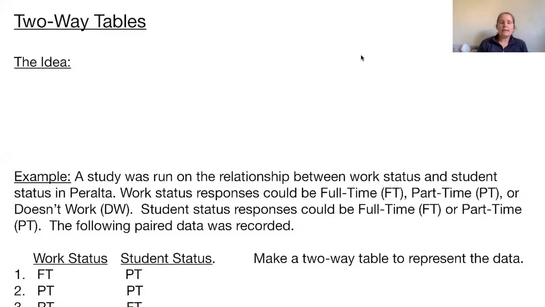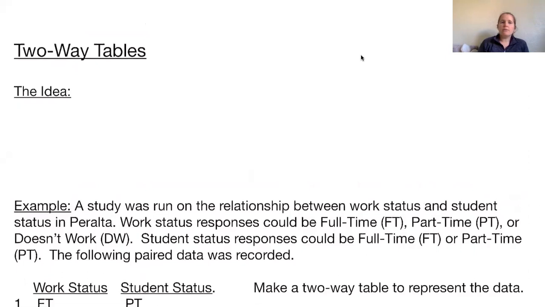So the idea here is if we want to present the relationship between two categorical variables, then a frequency table like we saw before won't let us see both variables at once.